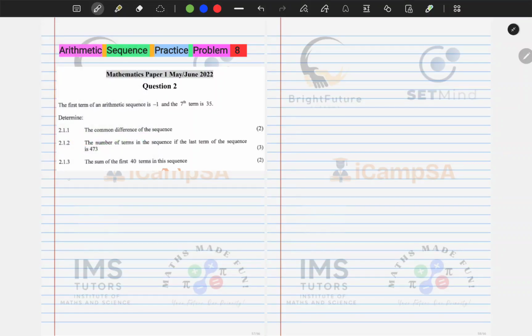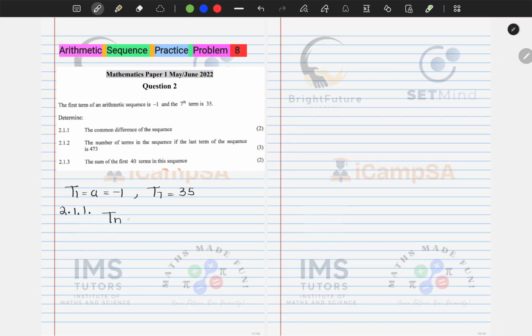So let's go ahead. What are we given? We are given that the first term, which is a, is -1, and we are told that T7 is 35. So let's deal with 2.1.1.